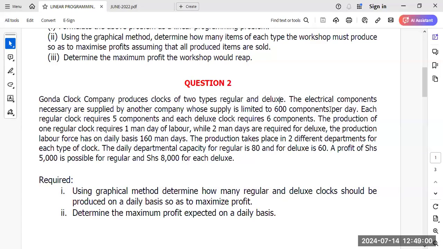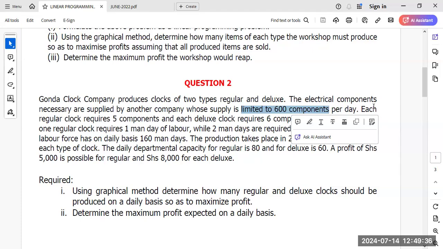It's just the overall figure. At this point, you are not reading anywhere like regular clock or Derrick's clock. So it means that this 600 is overall. And the fact that they have told you that it is limited to 600, those are the only components you can receive from your supplier.